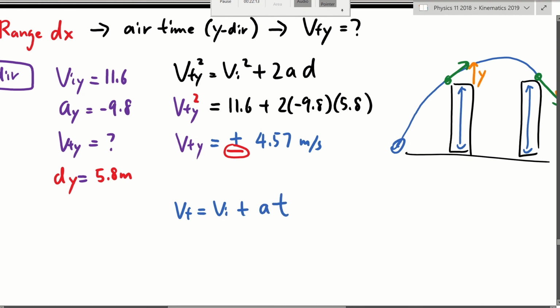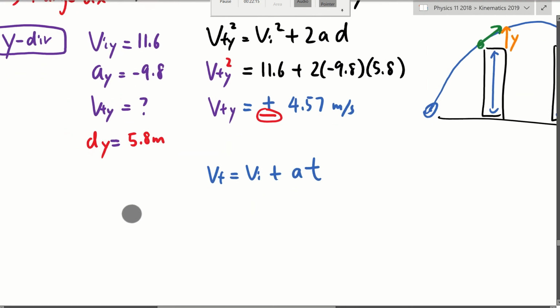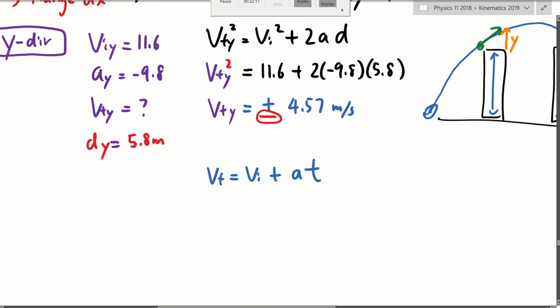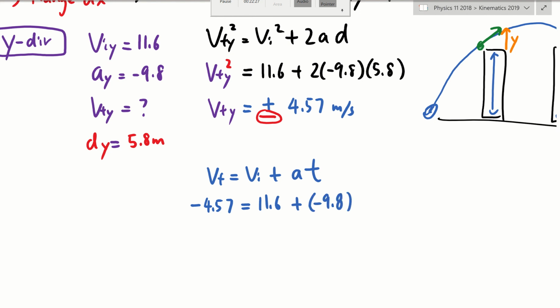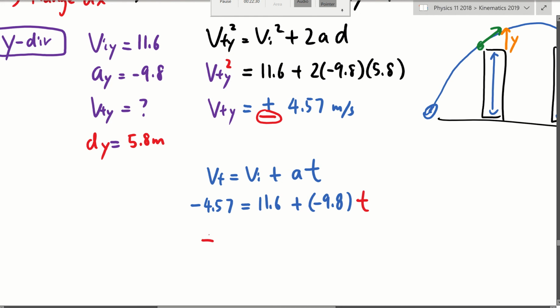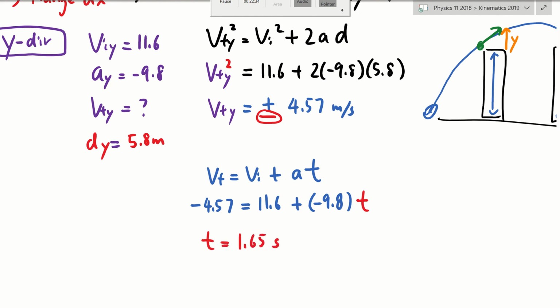So time is still in the Y world, so we are still in the Y direction. So we can use these numbers that we just got. So negative 4.57, initial 11.6, plus acceleration. And our airtime is just there. So airtime is done. 1.65 seconds.